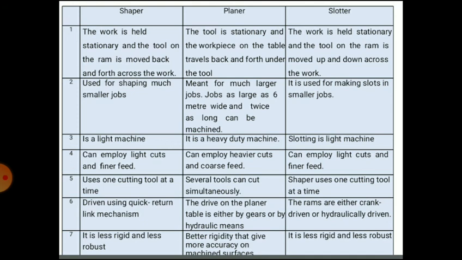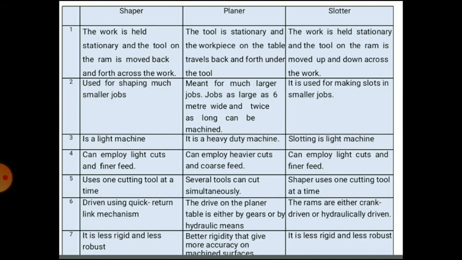Shaper is a light machine. Planer is a heavy duty machine, and slotter is also a light machine. Shaper can employ light cuts and finer feed. Heavier cuts and coarse feed can be obtained in a planing machine, and the slotter can employ light cuts and finer feed. Only one cutting tool is used at a time in a shaper.